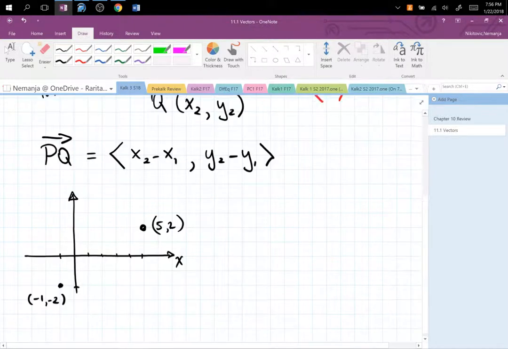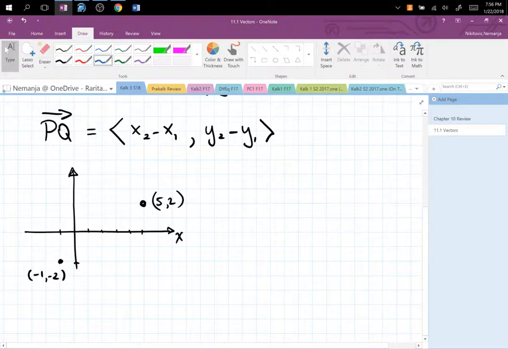Now I'm going to use blue and red. The blue is going to connect this way. Maybe I should call these points A and B, that way we can see clearly. So now blue calculation is AB. Clearly A is the source, initial, very good. And B is the terminal.